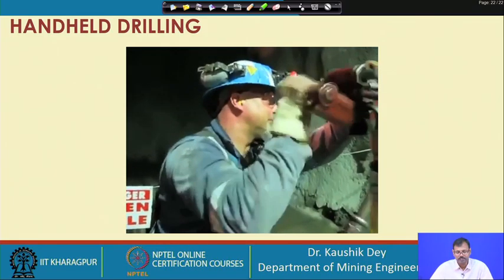This creates a problematic situation where control of drilling length and control of drilling direction is very difficult, as it has to be carried out manually, and often 2 to 3 persons are engaged for carrying out the drilling. Giving proper direction is very problematic in manual drilling.